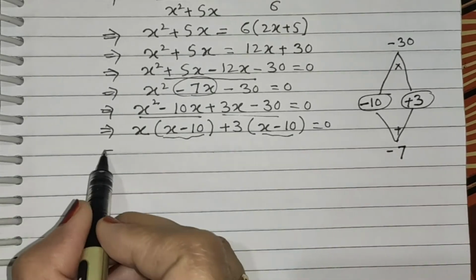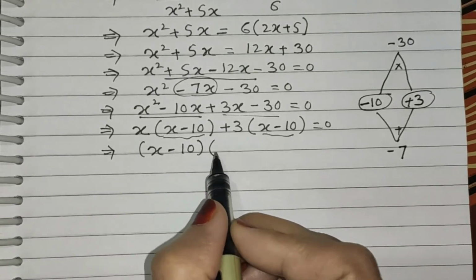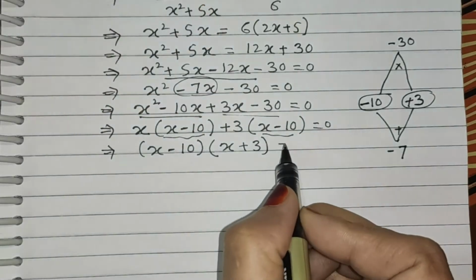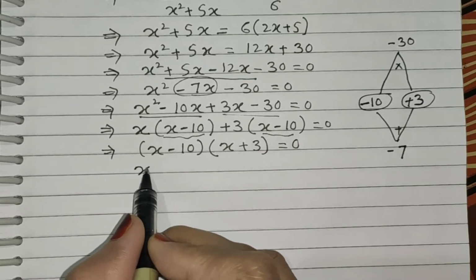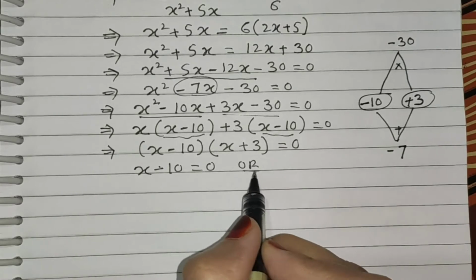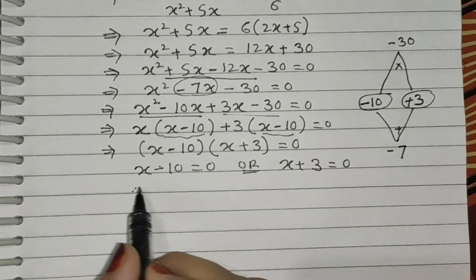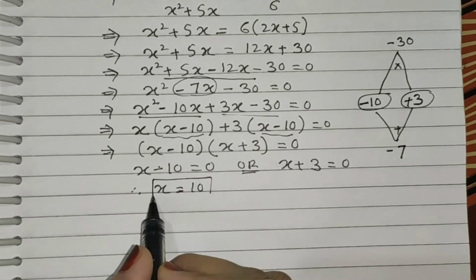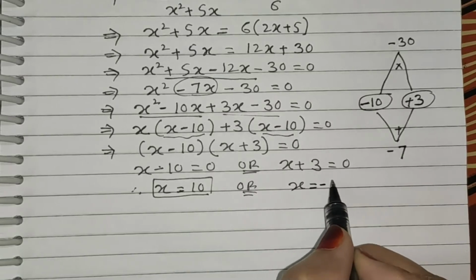Now look at the bracket here, take it common, x minus 10 and the remaining are x plus 3 is equal to 0. Either first bracket is equal to 0, we can write here x minus 10 is equal to 0, or the second one x plus 3 is equal to 0. Therefore, we get the value of x is equal to 10, or value of x is equal to minus 3.